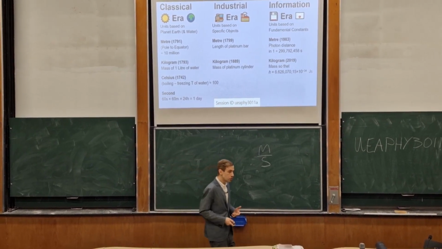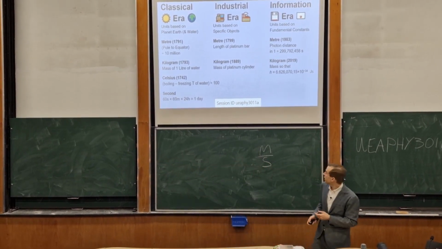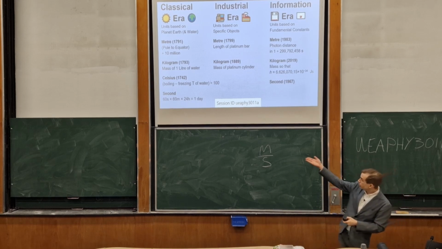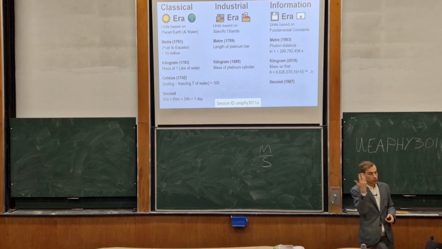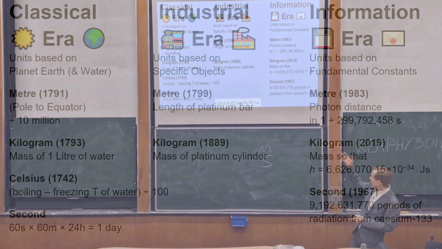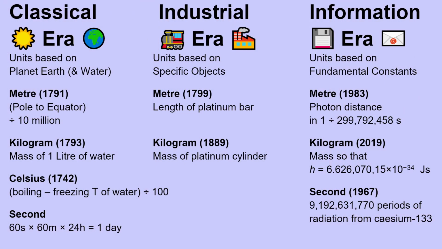So then the last unit that we need to think about for today is the second. Whereas it was originally based on the rotation of the Earth, it's now based on cesium atomic clocks. And it's specifically 9 billion and something periods of radiation from a specific isotope of cesium, cesium-133.